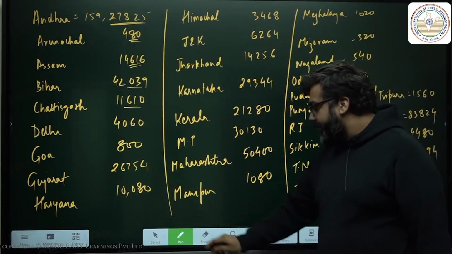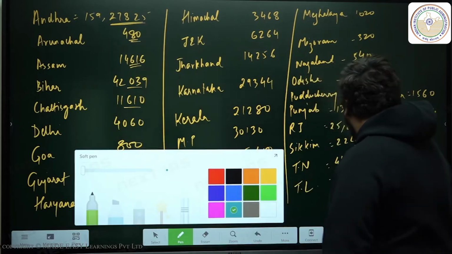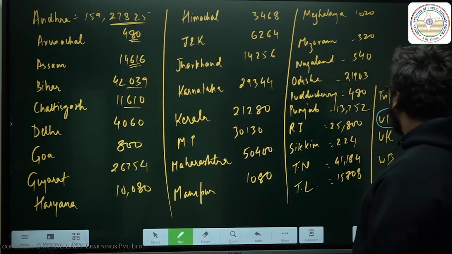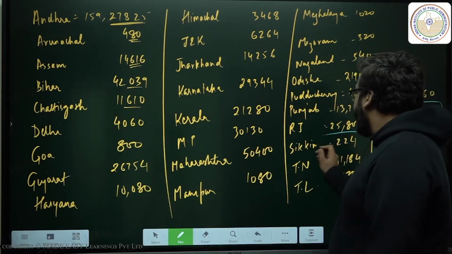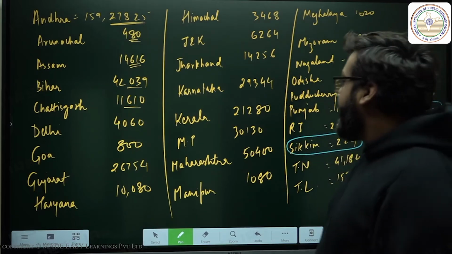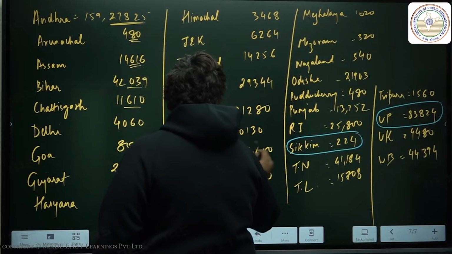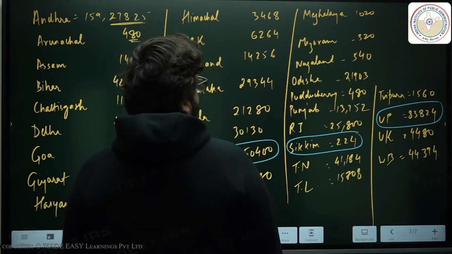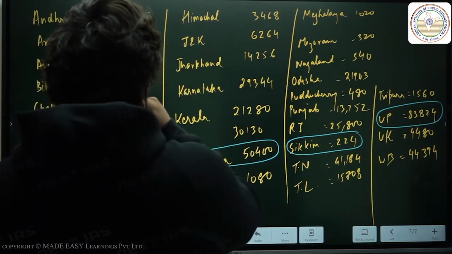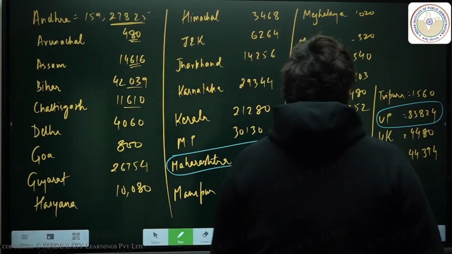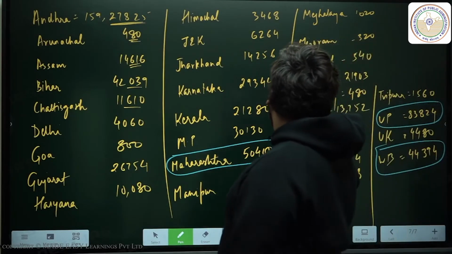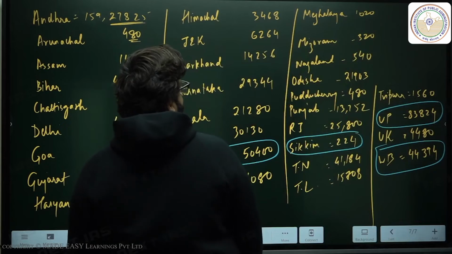Now if you notice, Uttar Pradesh has one of the highest, Sikkim has the lowest. After Uttar Pradesh, you have Maharashtra at 50,400. Then you have West Bengal at 44,394. Right? Then the bottom two are Sikkim at 224.